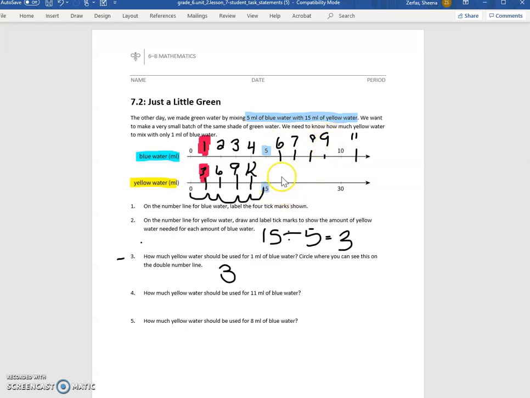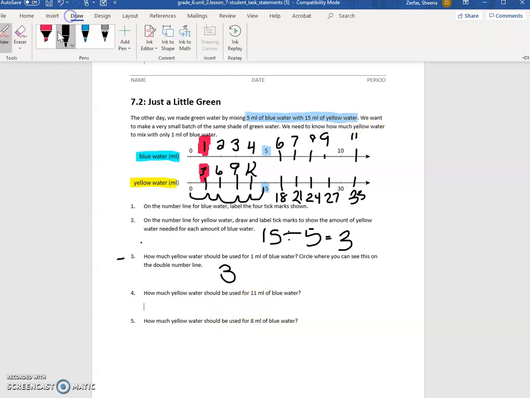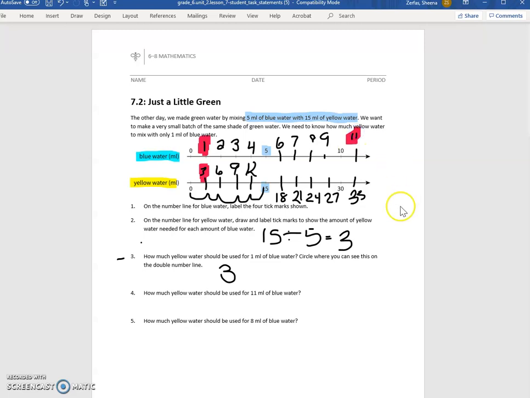And we know we're counting by 3s on the bottom, so after 15 we would have 18, 21, 24, 27, 30, it's already written in, 3 more added to that will give me 33. So for 11 blue, I'm going to be using 33 yellow.